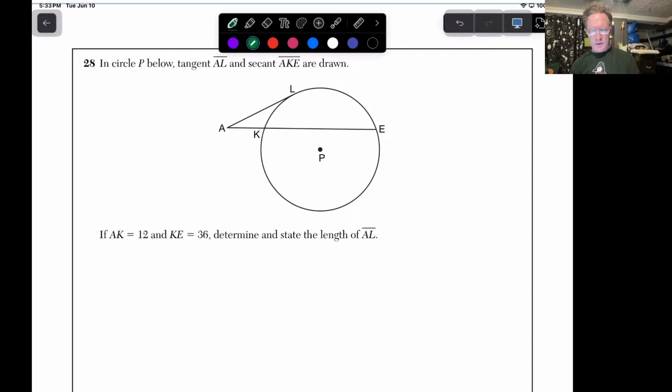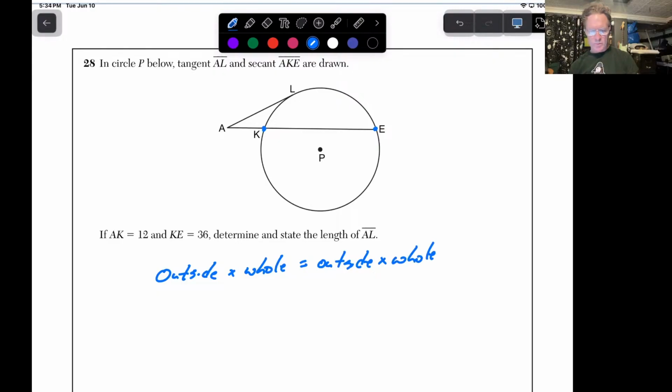I don't know. In circle P below, tangent AL and secant AKE are drawn. Okay, so we have a tangent and a secant. So you kind of have to remember the formula: the outside times the whole equals the outside times the whole.